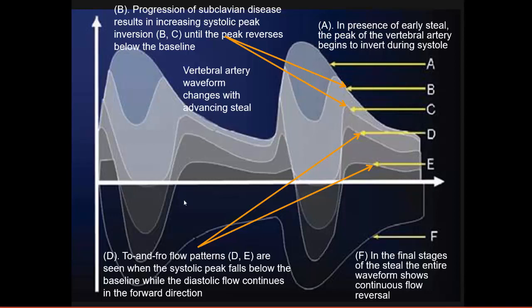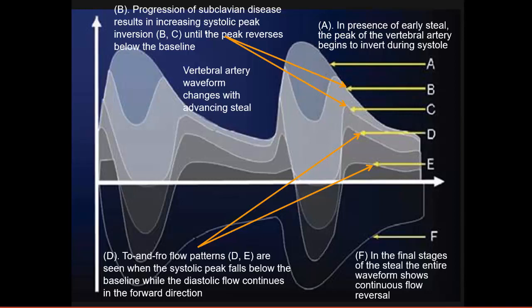In subclavian or innominate occlusion, there is steal of blood from the contralateral common carotid and vertebral artery. The vertebral artery shows waveform change. Firstly, in the presence of early steal, the peak of the vertebral artery begins to invert during systole.